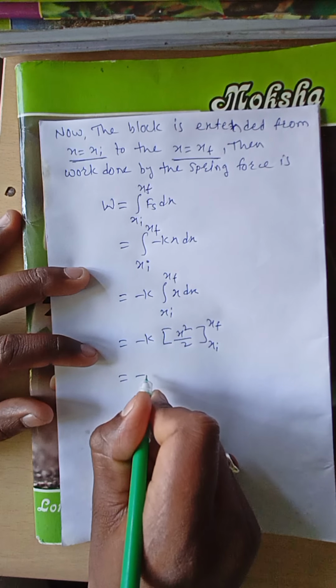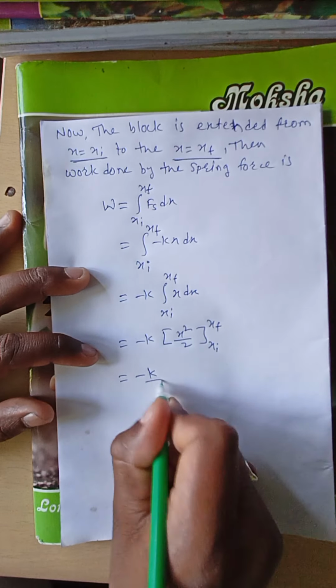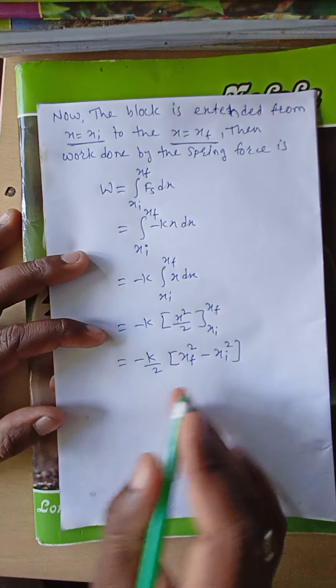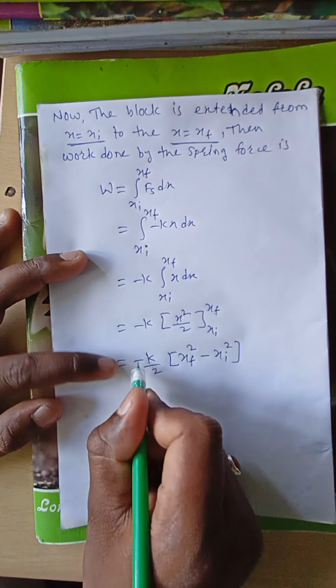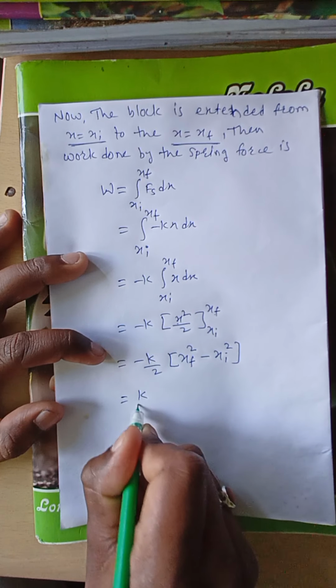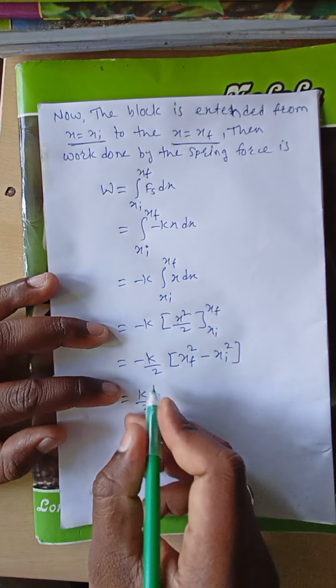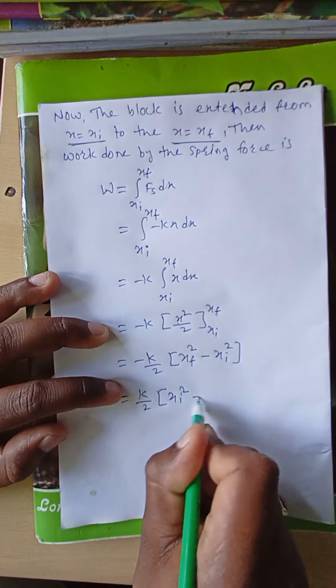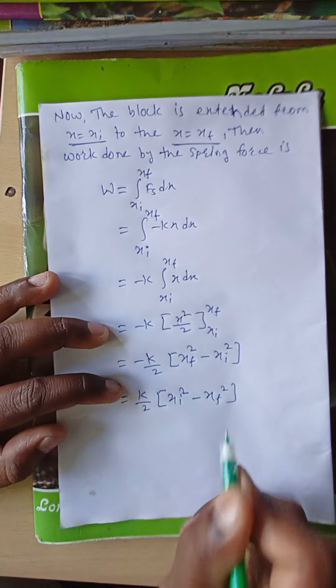This is minus k by 2, x final square minus x initial square. We take the minus sign inside, and we get k by 2 into x initial square minus x final square.